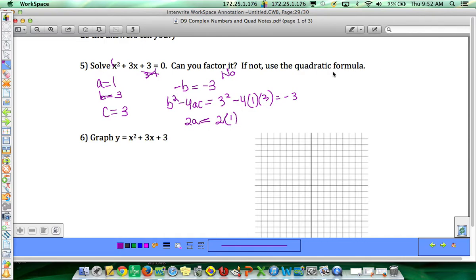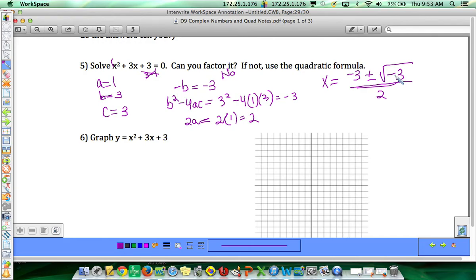Okay, so if you plug it into our formula, these three numbers, we have x equals negative b, negative 3, plus or minus the square root of b squared minus 4ac, which was negative 3, all over 2a, which equals 2. Okay, so we get an expression with a negative under the square root. Well, hey, now we know what to do here with negatives under the square root.